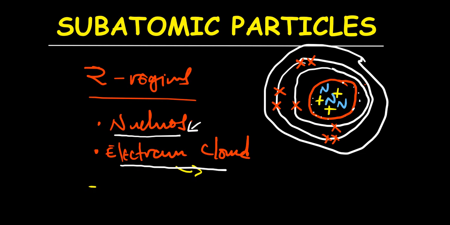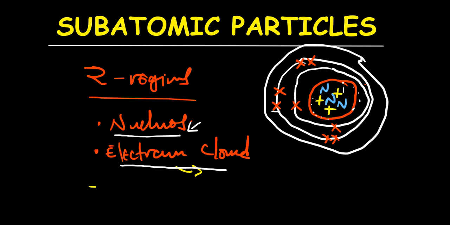I indicated the protons in yellow and the neutrons in blue. Around this nucleus we are going to find the electron shells, and in those shells we are going to find electrons.